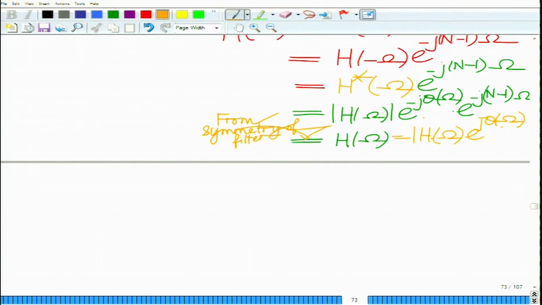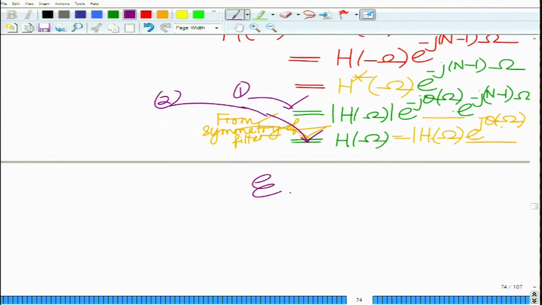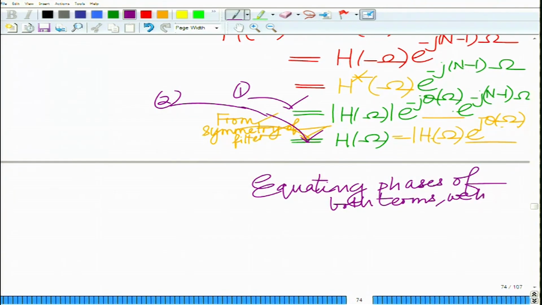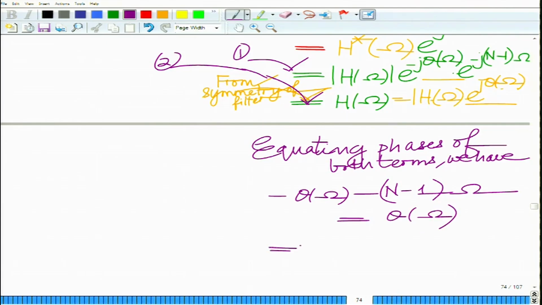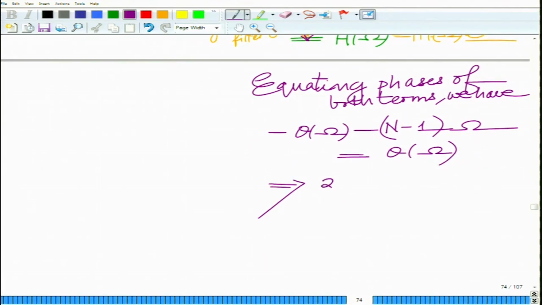And therefore, now equating the phase of these two terms, if you call this term 1 and this term 2, equating phases of both, we have minus theta omega minus n minus 1 omega equals theta omega, which implies twice theta omega equals minus n minus 1 omega.